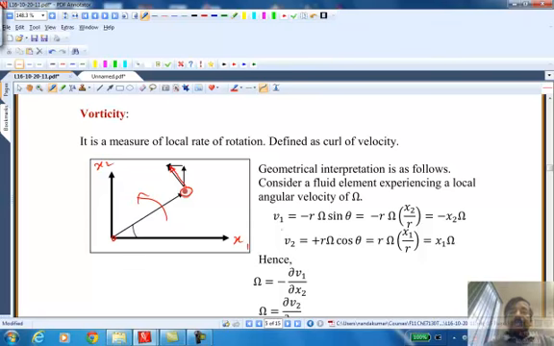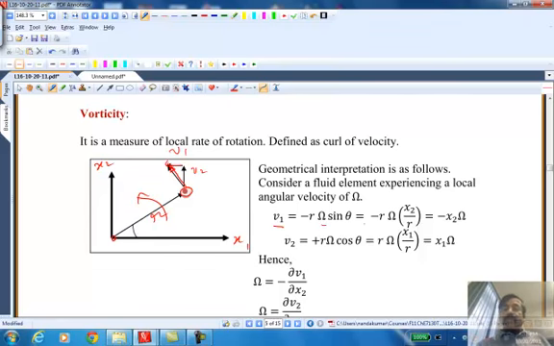So in this particular case, the V1 component would be the horizontal component, and V2 will be the vertical component. If R is the radius and omega is the angular velocity, then R omega sine theta will be the horizontal component.